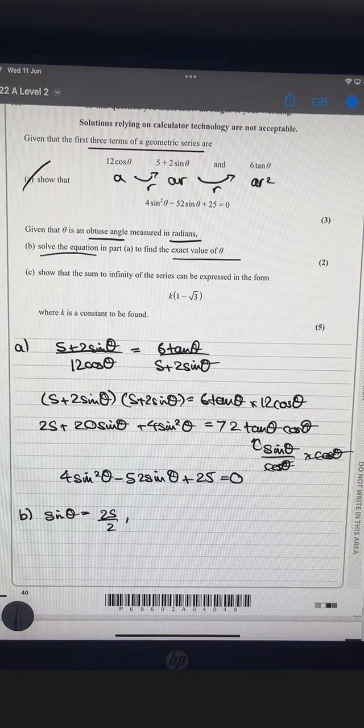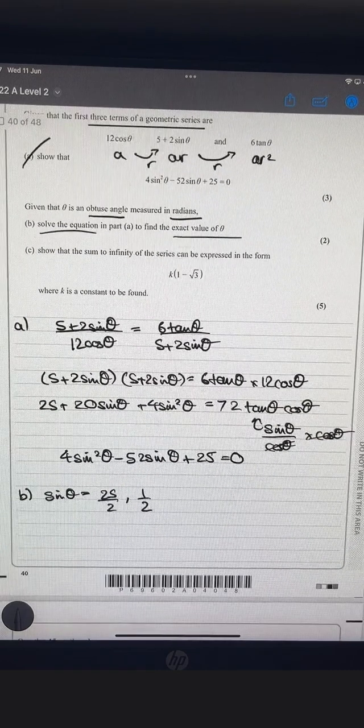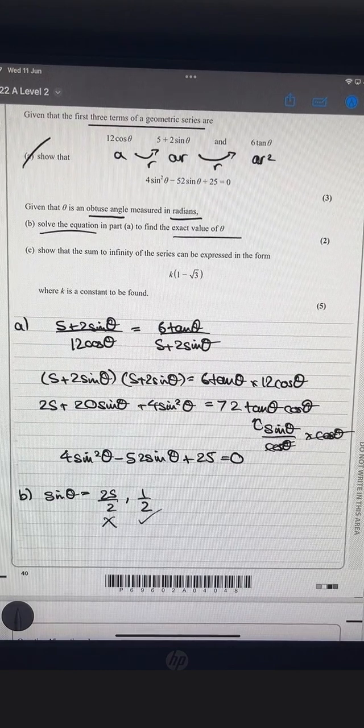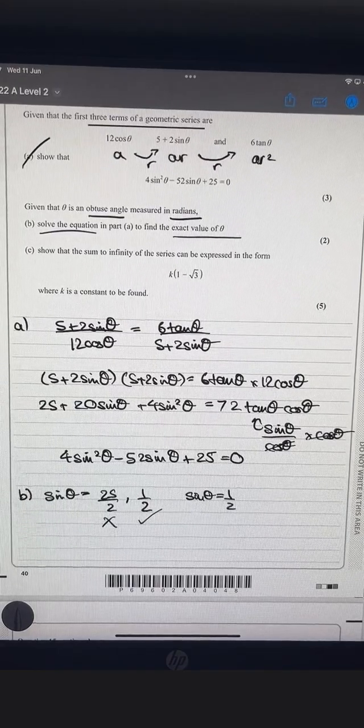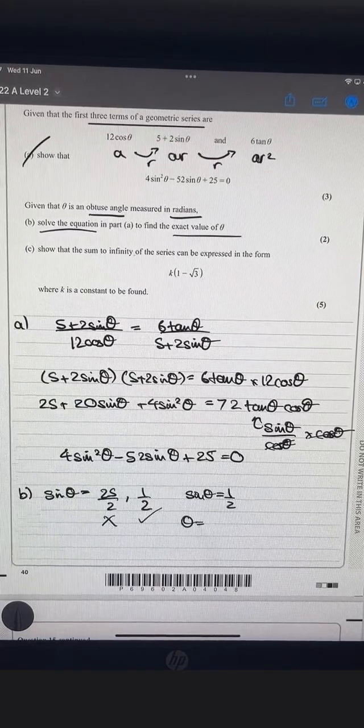Now, I've got two answers, right? Which one am I going to use? It's a sine graph, right? Obviously, it's not going to be 12.5 because that is way bigger than the range of sine. It's going to be 1/2, right? So sine theta is equal to a half. So theta is equal to inverse sine of a half, and that's going to give me pi by 6.